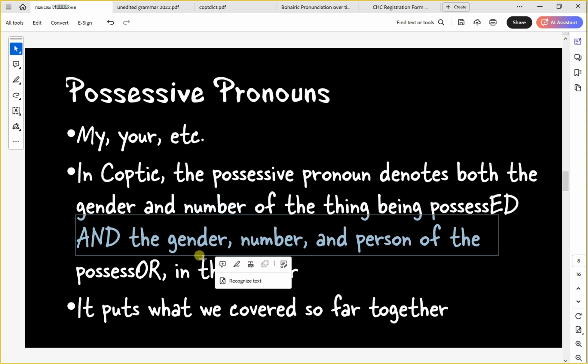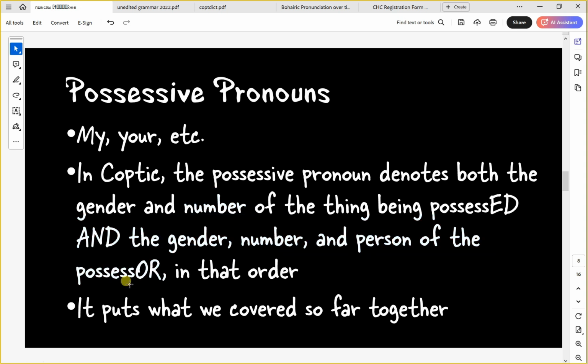But then we need the gender, number, and person of the possessor. So I'm talking about a mother, right? One mother. So feminine, singular, third person. We just learned third person, singular, feminine is s. So I'm going to have a p and then an s. What's the easiest sound in Coptic to make?